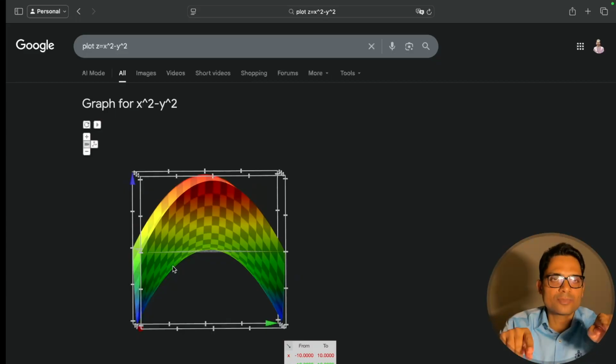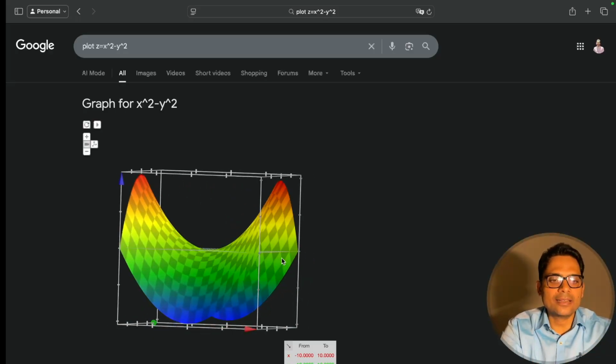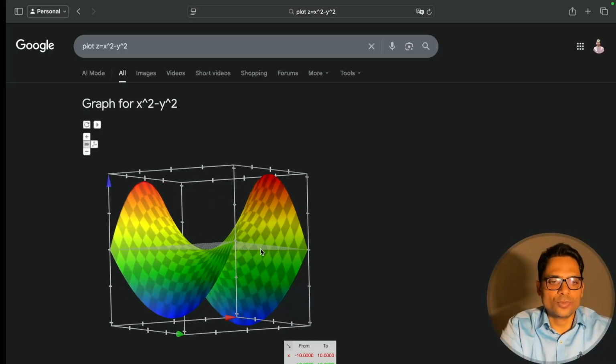So that's what a saddle point is. It is maxima with respect to one variable and minima with respect to the other, and such a point is called a saddle point. It is like a saddle used to sit on a horse. You put your legs on both sides and one side you hold. So that's where the name comes from. I hope saddle point is clear.